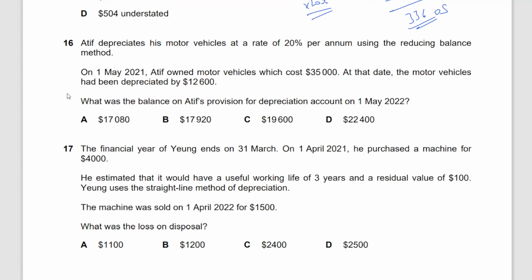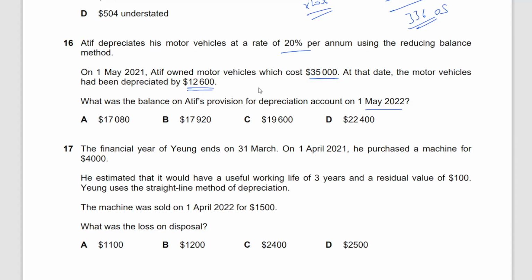Let's move on. Number 16. Atif depreciates his motor vehicle at a rate of 20% per annum using the reducing balance method. On 1st May 2021, Atif owned motor vehicles which cost 35,000. At that date, the motor vehicles had been depreciated by 12,600. What was Atif's balance on the provision for depreciation account on 1st May 2022? That's the opening of the next year. Well, this is the balance on the depreciation account right now.